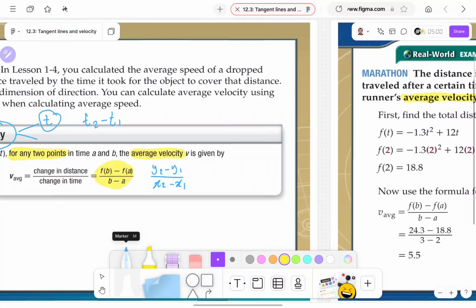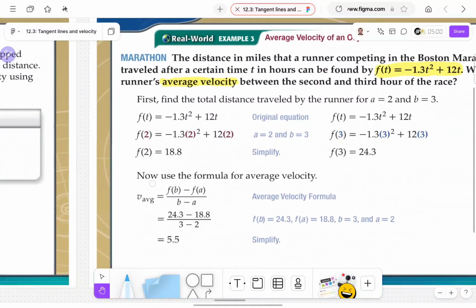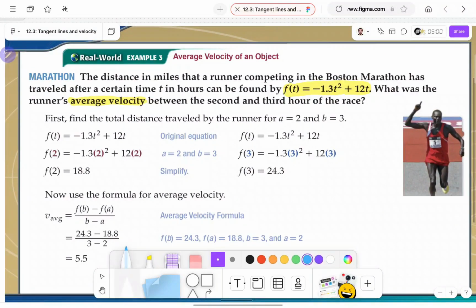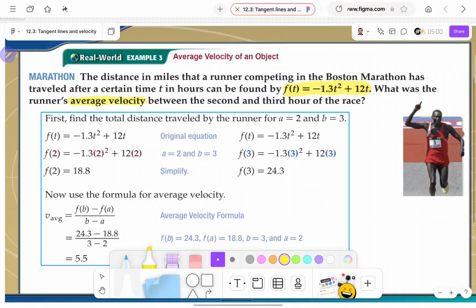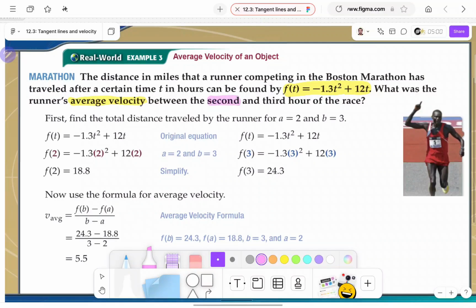But don't forget, this can only be used when you have 2 points. If I have 1 point, I can't use this one. And in this equation, let's see how many points do I have. So this equation has, let's compute between the second and the third hour. So second and third. As you can see, A and B are given.